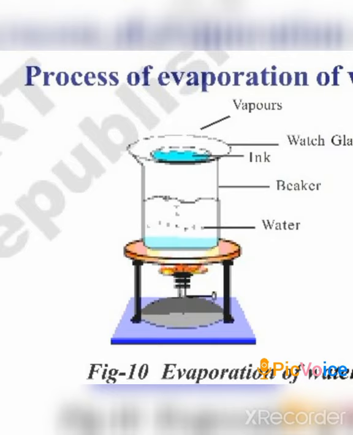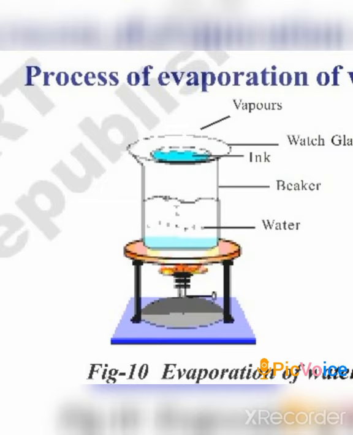For example, in normal blue ink, the solvent is the water and the solute is the dye. Dye is the color. So we can separate the solvent from the solute by the method of evaporation. To do this activity, keep a beaker filled with water on a stove, and above the beaker keep a watch glass, a dish kind of thing, and put a few drops of ink in it.